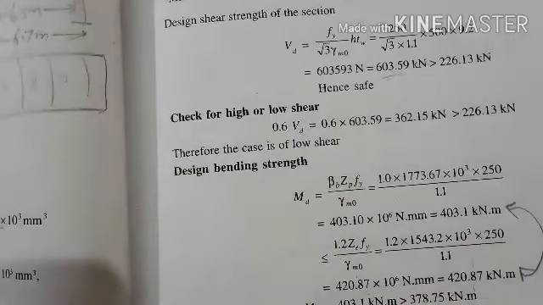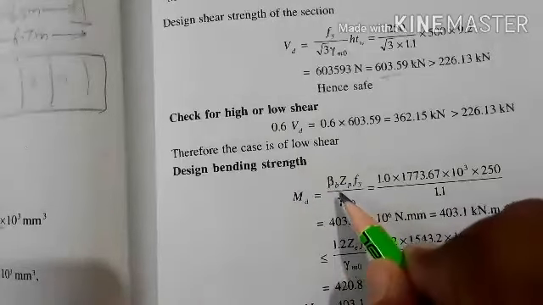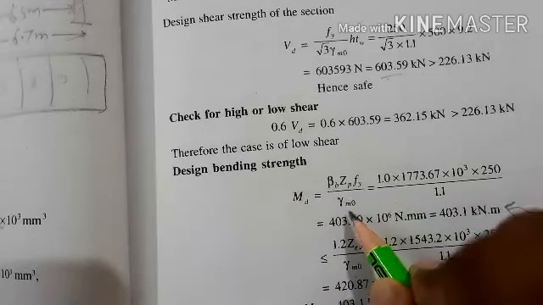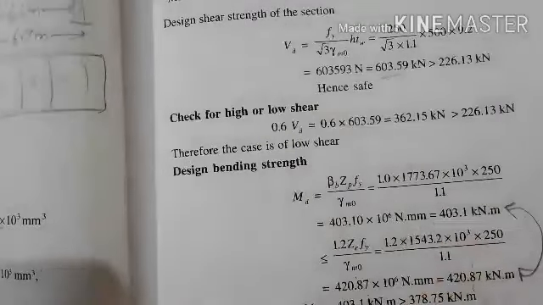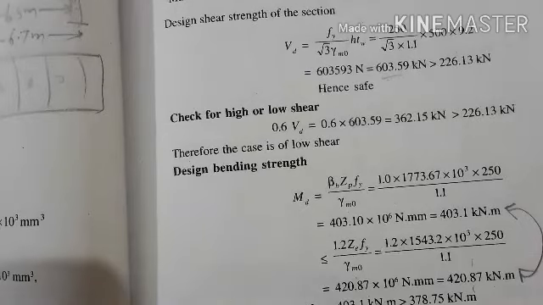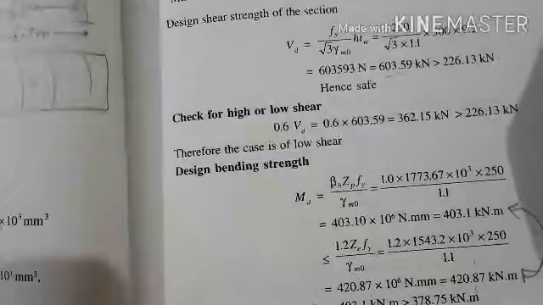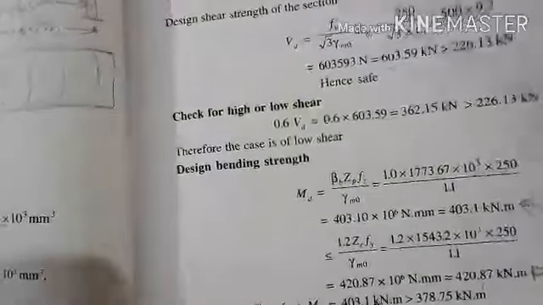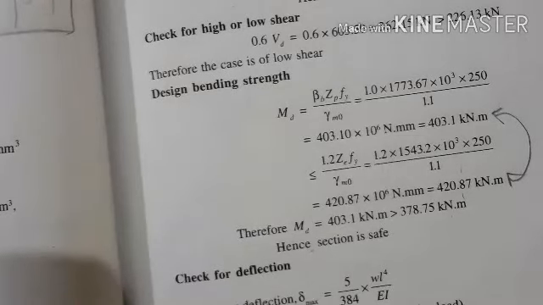Then the design bending strength. For the low shear case, this is beta into Zp into Fy divided by gamma m0. Substitute all the values here, then we get 403.1 kilonewton meter. And this Md should be less than or equal to 1.2 into Ze into Fy divided by gamma m0. This is for the simply supported beam carrying UDL.